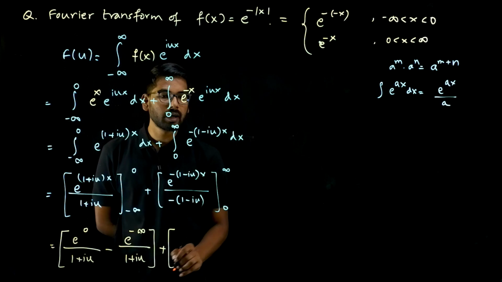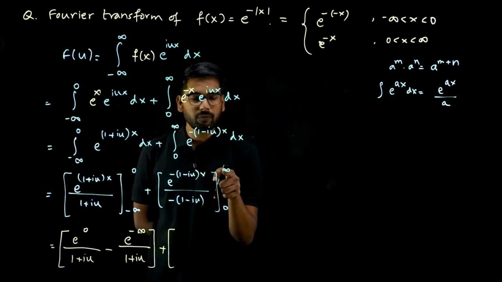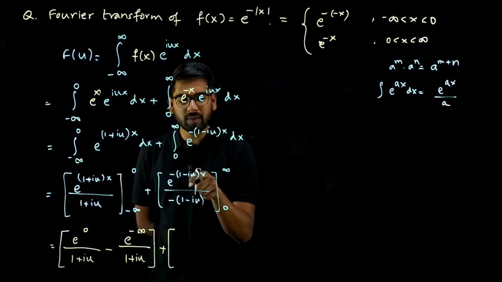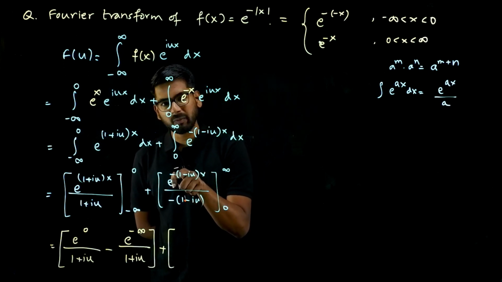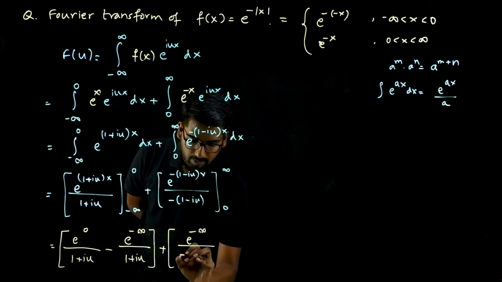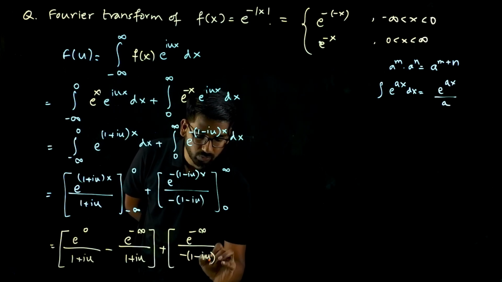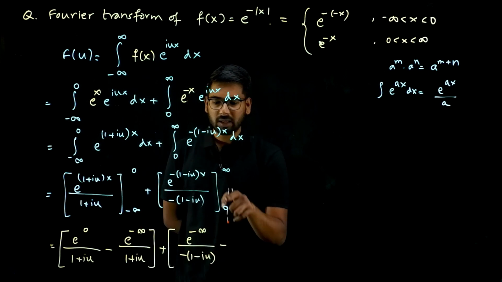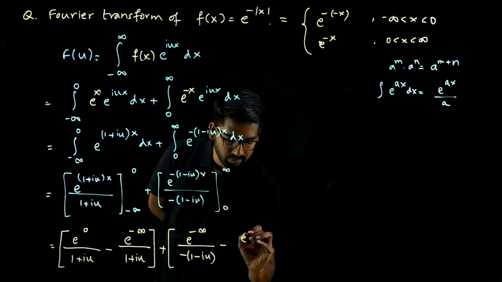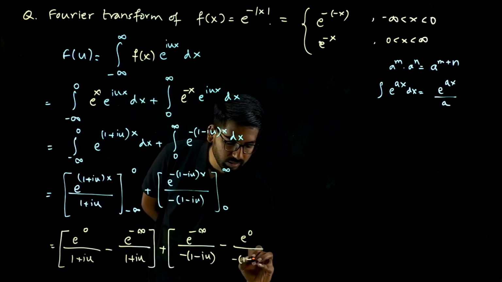Plus again here, if I substitute infinity in place of x, infinity times 1 minus iu is infinity, times minus is minus infinity. So I get e power minus infinity over minus 1 minus iu, minus, substituting 0, this entire term is 0, I get e power 0 over minus 1 minus iu.